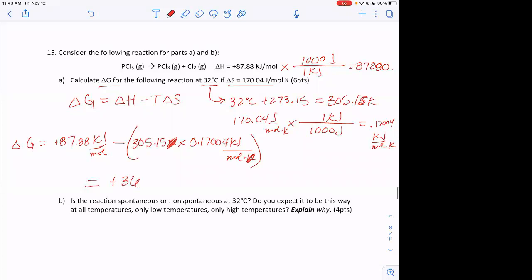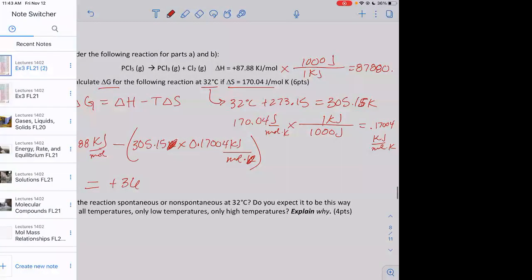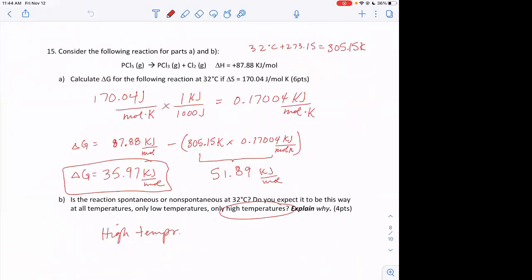Let me check the answer key. 35.97. Okay, 35.97. So positive delta G means what? Spontaneous or not spontaneous?